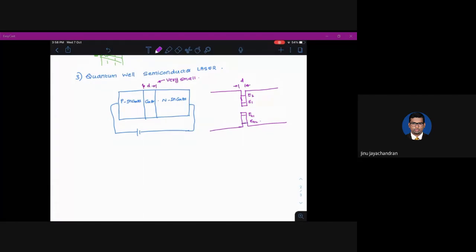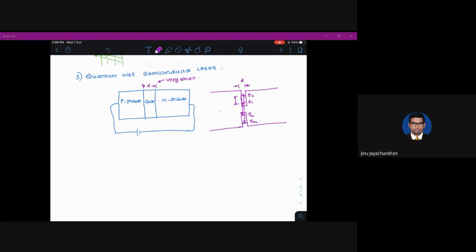Now, what's the advantage of that? First, there will not be phonon emission, because any electron in this energy state needs to come to the lower energy state. There's a considerable amount of energy to be released, and that energy cannot be released using a phonon. Instead, there will be a radiative transition between the conduction band and valence band.